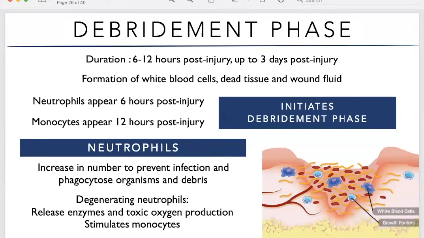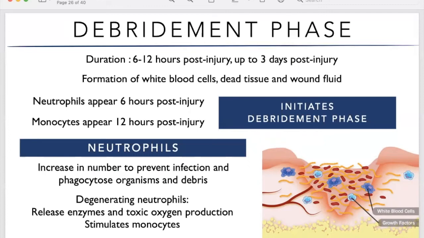The appearance of the neutrophils and the monocytes on the injured tissue after injury would initiate the debridement phase. Right? Why is it debridement? What do we mean by debridement? We would want to remove, okay, necrotic tissue, possible bacterial contaminants, possible dirt contaminants.